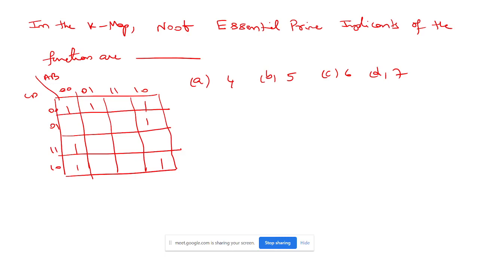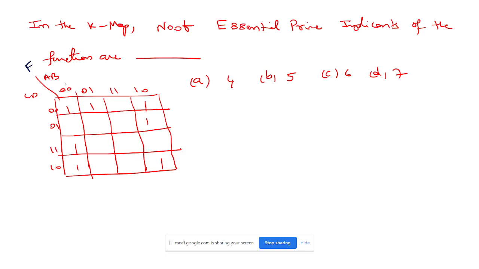You solve this problem. In the K-map, today it's all about essential prime implicants and all those things. We have some interesting questions also coming up. In the K-map, the number of essential prime implicants of the function are... First 10 seconds you need to check whether it is in the K-map order, like gray code order or not.